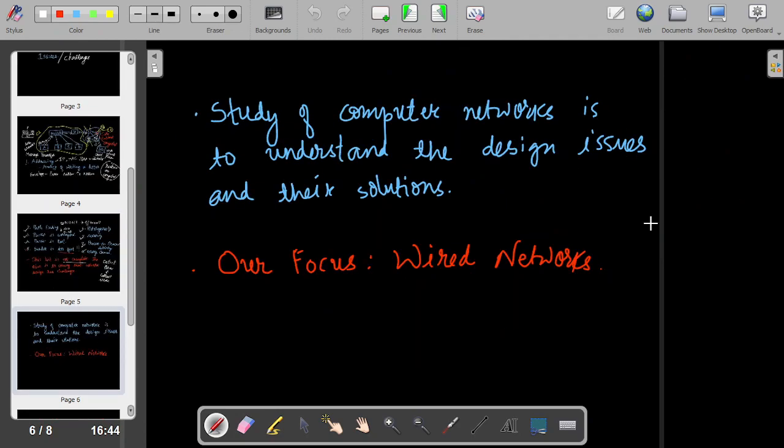Now, as I said earlier, the study of computer networks is to understand the design issues and their solutions. So I hope that you got an idea about what the challenges in data communication are.